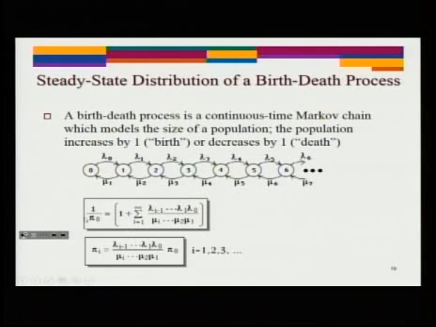And for the birth-death process, the steady state distribution would be determined by solving these two equations. These two equations are, I'd say, a streamlined version of the formula. So keep in mind that this formula works only for the birth-death process. It doesn't work for any other types of continuous time Markov chain.